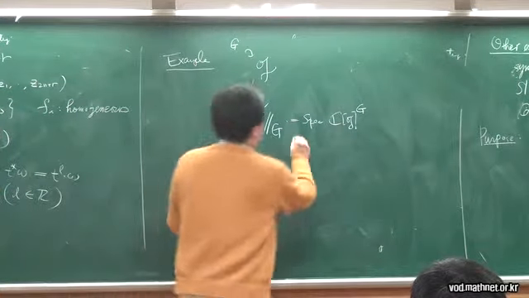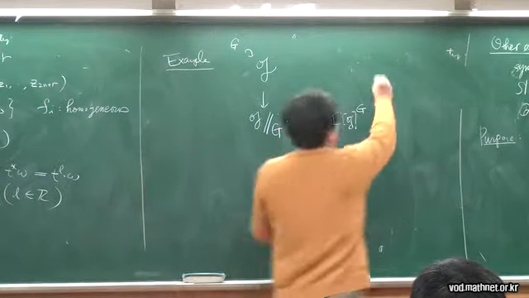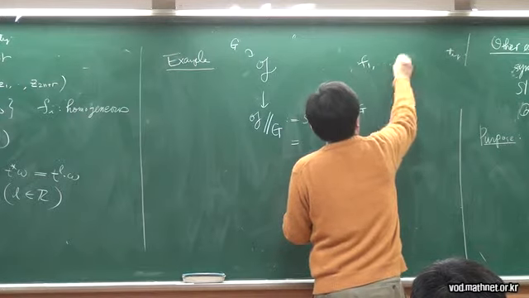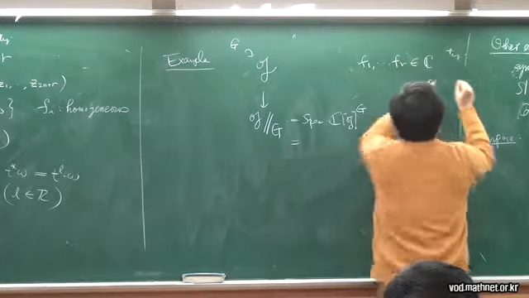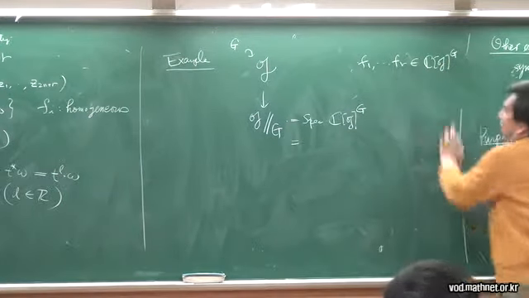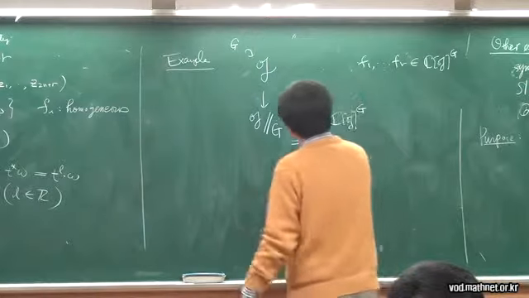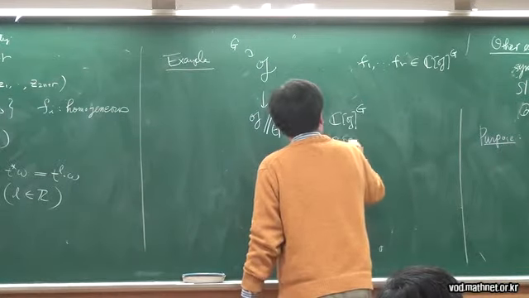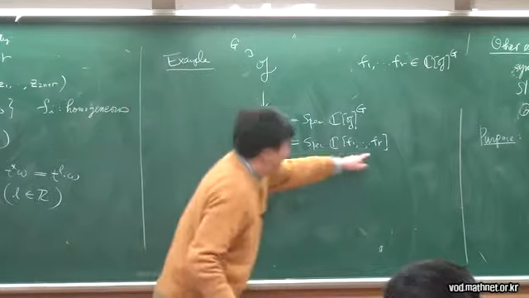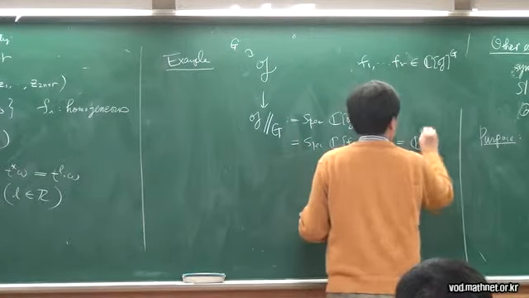There are some invariant functions, which are homogeneous, and the ring is generated by them. They are algebraically independent, so this is nothing but C^r.